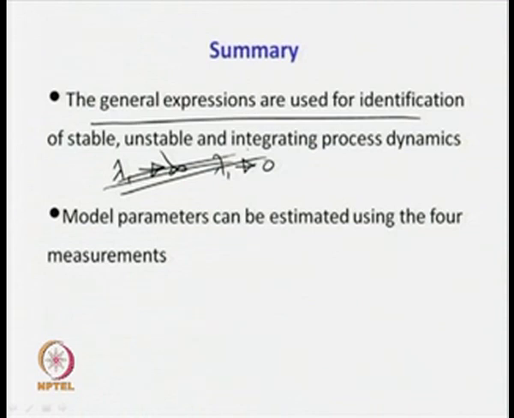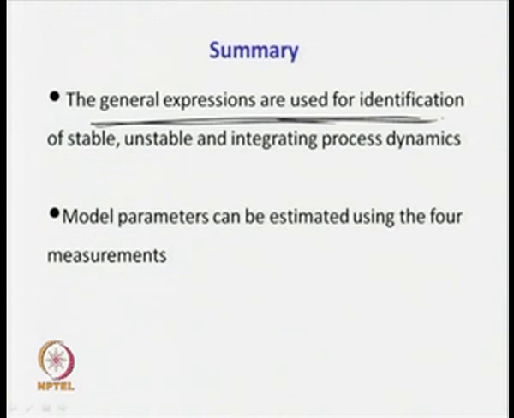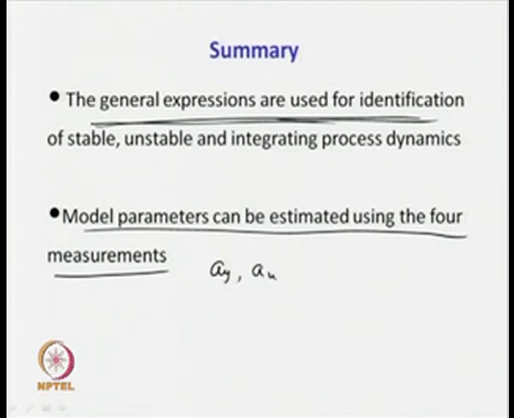So, with the proper substitution of limiting values for the variables or lambdas, it is possible to use the general expressions and find the unknowns associated with a transfer function model. Now, model parameters can be estimated using only 4 measurements. If required, further measurements like the areas of the output and input signal like AOA and AU can be used.